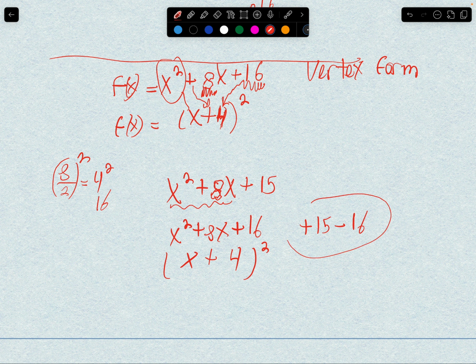And this other part here is a 15 and a minus 16, which is a negative 1. And that is your function f of x in vertex form. And your vertex is (h, k), where the parabola is going to have its minimum or maximum, is negative 4 and negative 1. Yay.